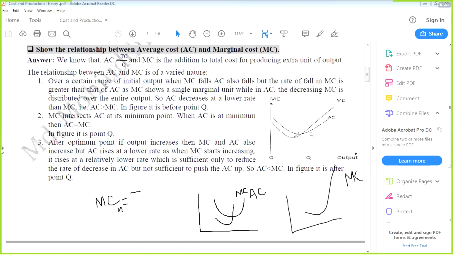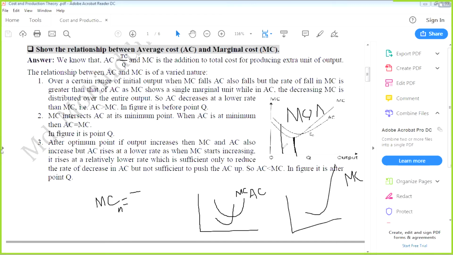But at this level, make it clear, if I have taken this one, then I will say what? Falls faster. Okay, then the main point is what we need to identify here. We can say marginal cost is less than AC, isn't it?